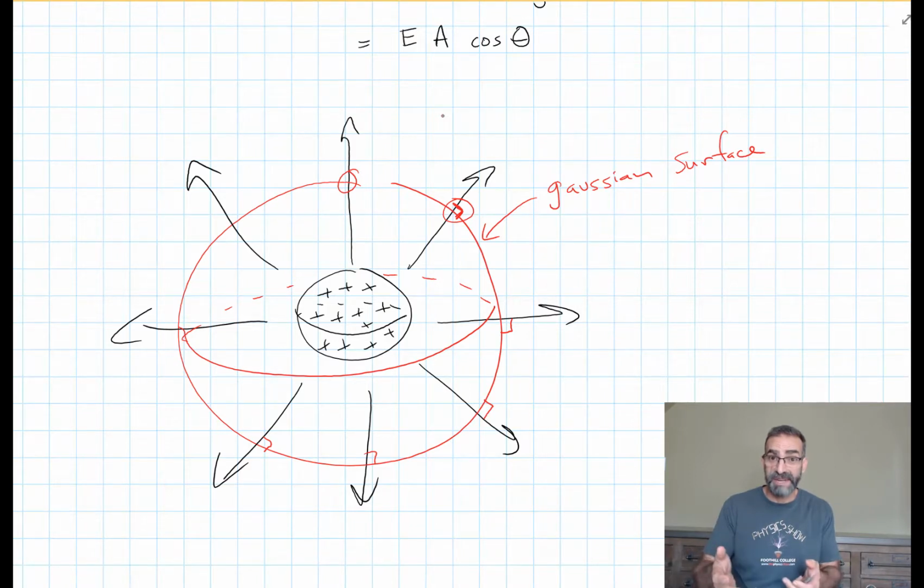Finding the flux becomes very easy. And therefore, Gauss's law will give us a way to find the electric field very easily. Now, there aren't very many situations where this is easy. Spherical symmetry is one, cylindrical symmetry is one, and infinite sheets is one.